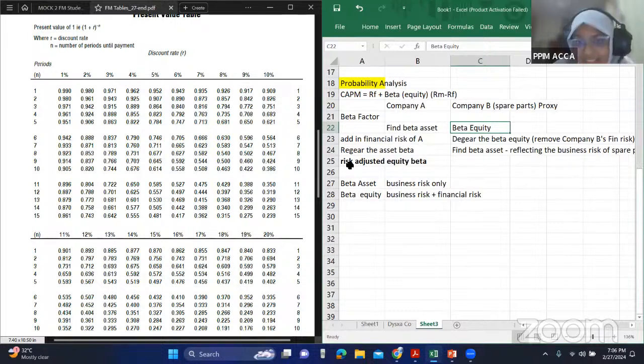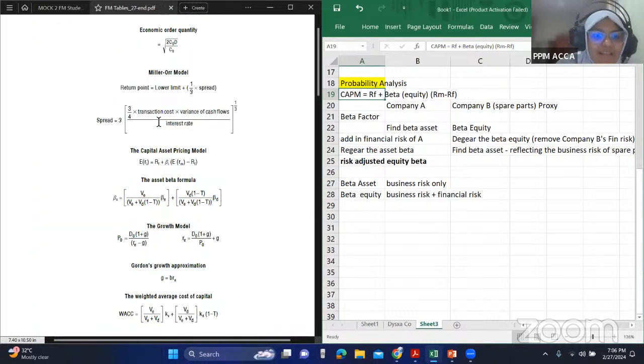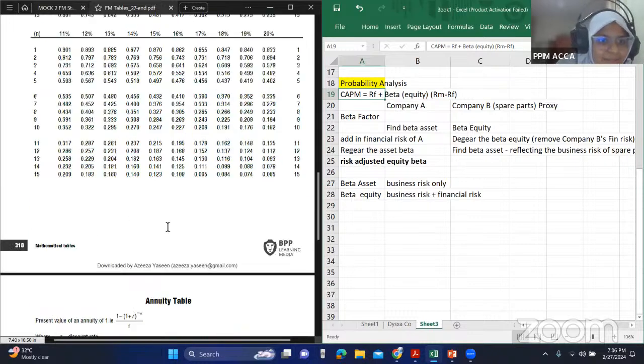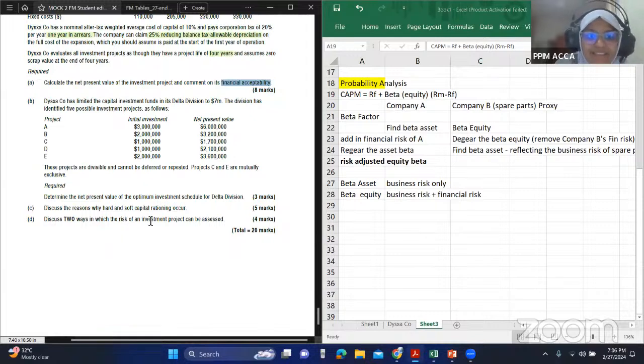Once the re-gearing is done, you get a risk-adjusted equity beta. If you use it in the CAPM formula, you will get a risk-adjusted cost of equity. So that when you use it in the NPV calculation in investment appraisal, that will reflect the risk of an investment project, as the question itself asks.